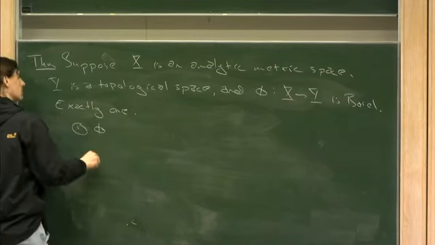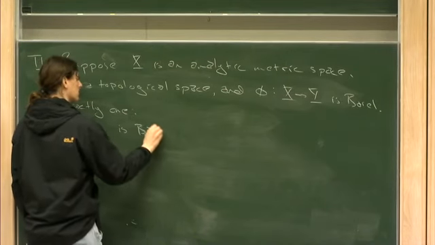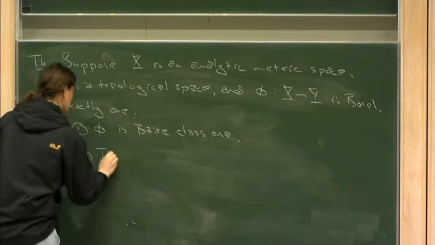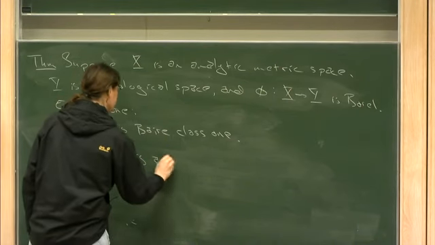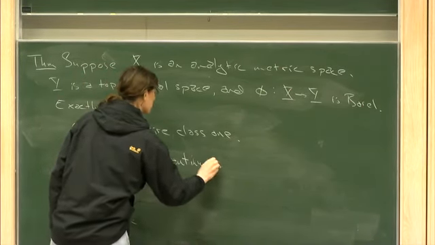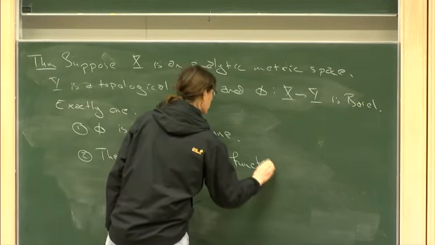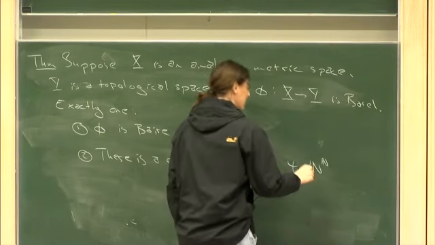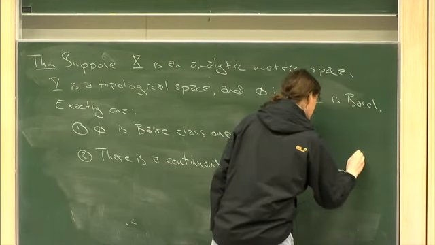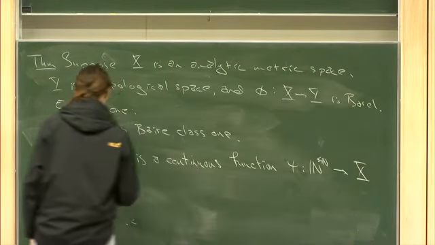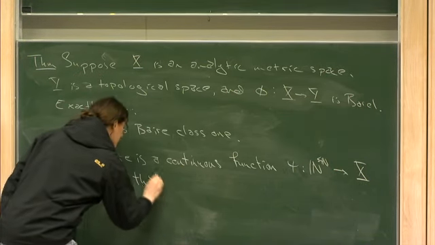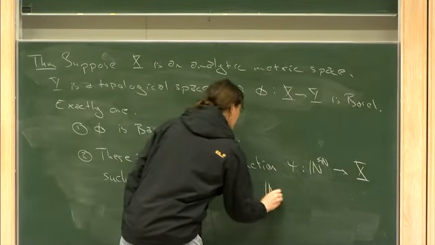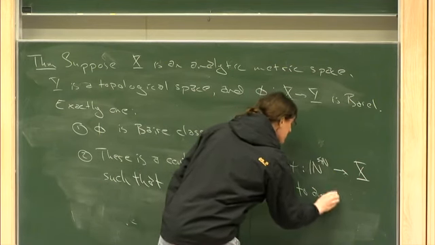Either phi is Baire class 1, or there is a continuous function psi from the extended Baire space to X such that the composition phi composed with psi reduces Baire space to an open set.